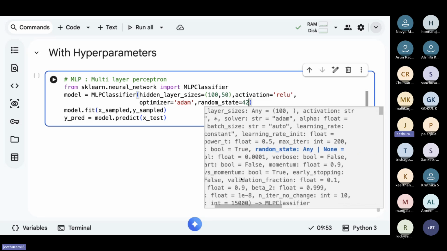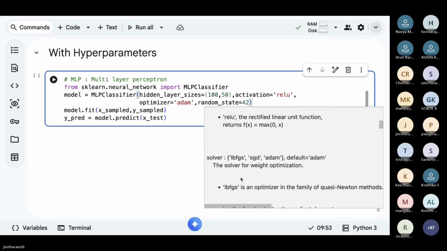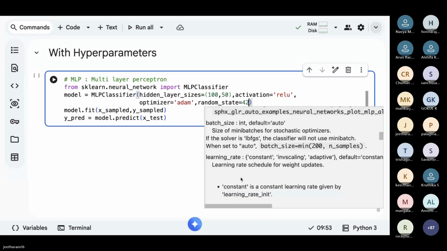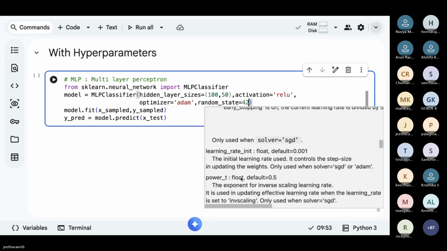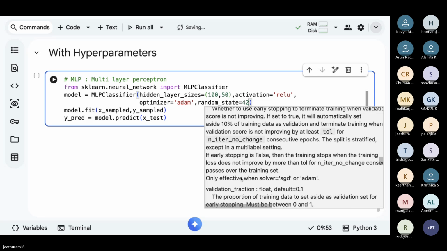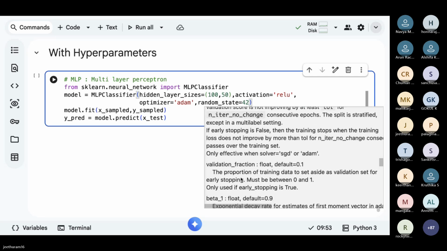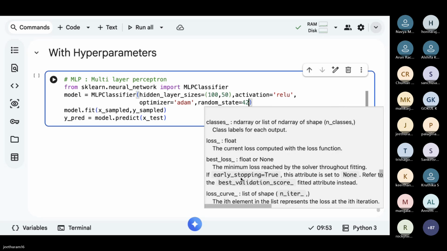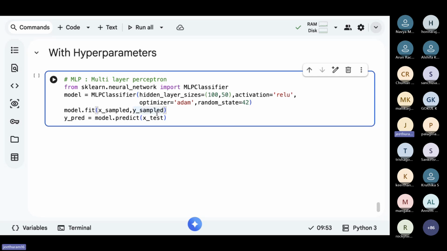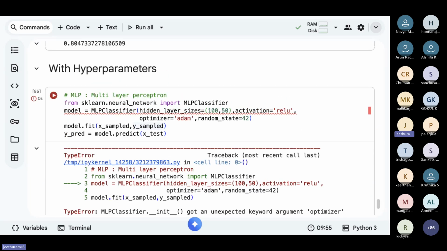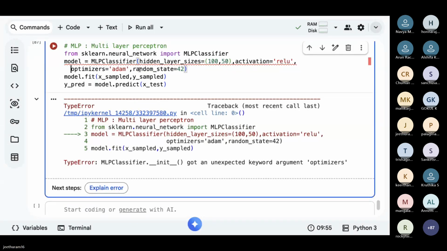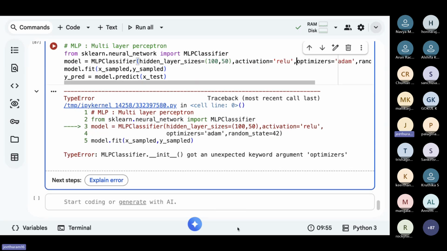And then what else can we give? Okay. Optimizer spelling.